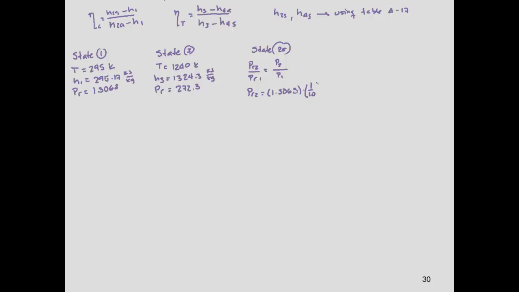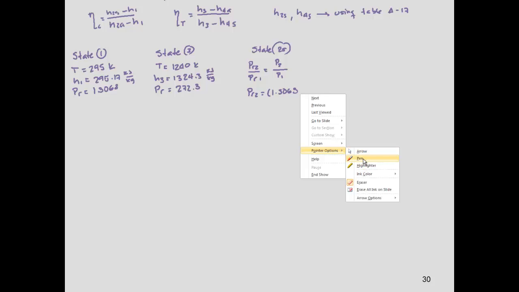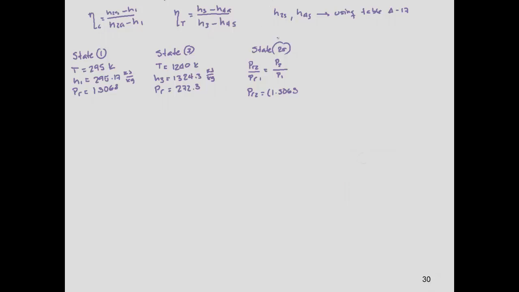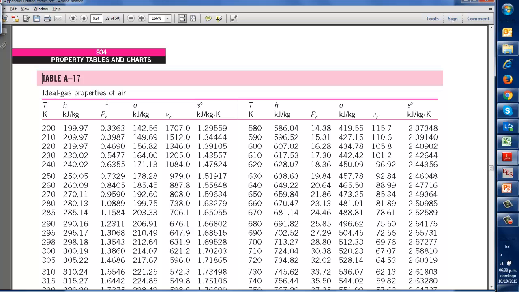Which we don't know, but we know the pressure ratio, sorry, the pressure ratio is P2 over P1. So it will be times 10. PR2 will be 13.68. So we need to look into our table and look in this column for that value.